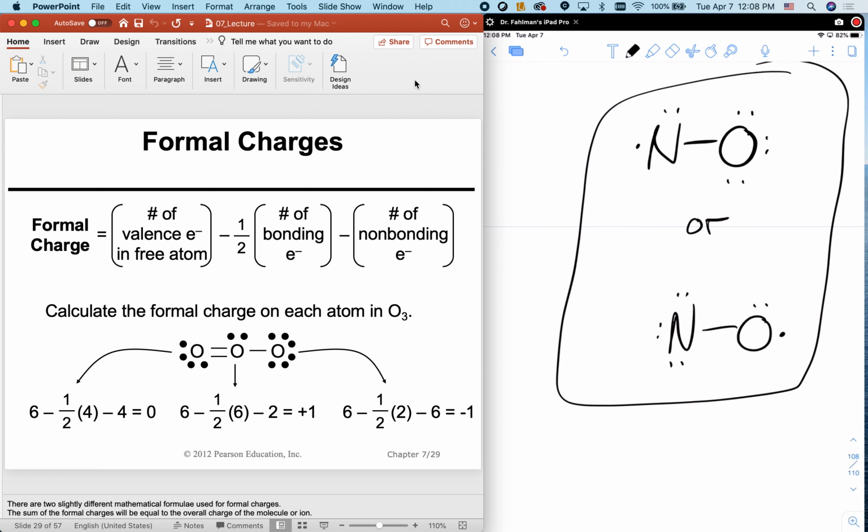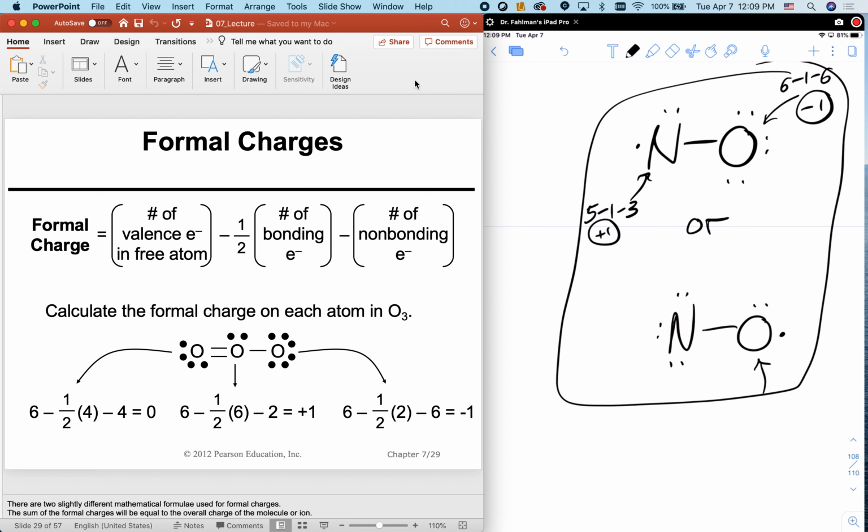Look at formal charges. In this case, the oxygen's formal charge is going to be 6 minus 1, and then you've got 1, 2, 3, 4, 6 dots, so you're going to have a minus 1 formal charge. This nitrogen is going to be 5 minus 1 minus 3, so that's a plus 1.